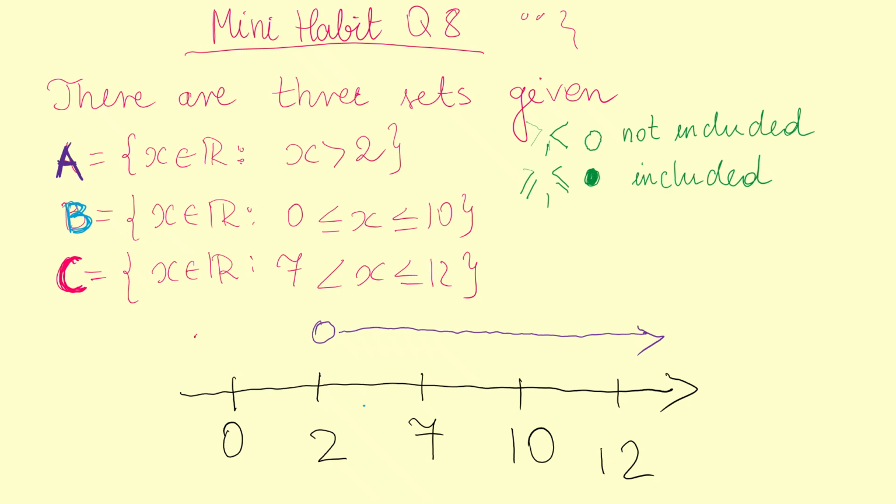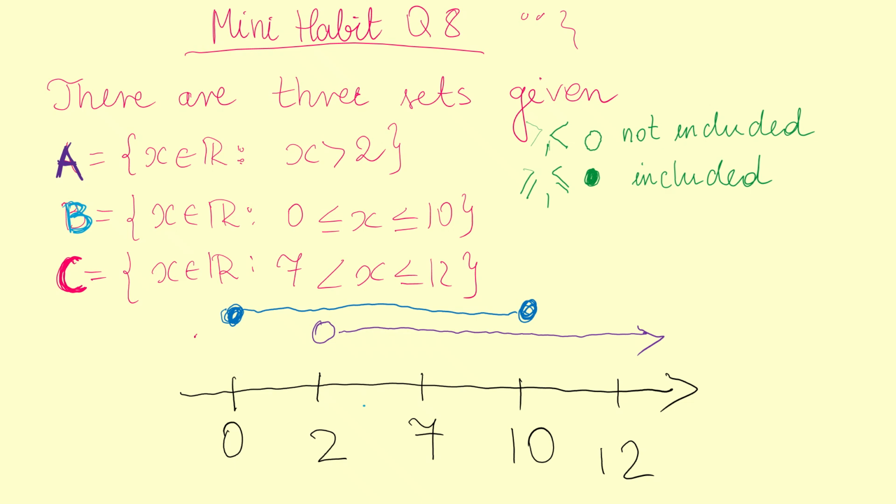This is set A. Set B, all the numbers from 0 to 10, but they can be 0 and they can be 10. So this is where these numbers are, including 0 and 10.